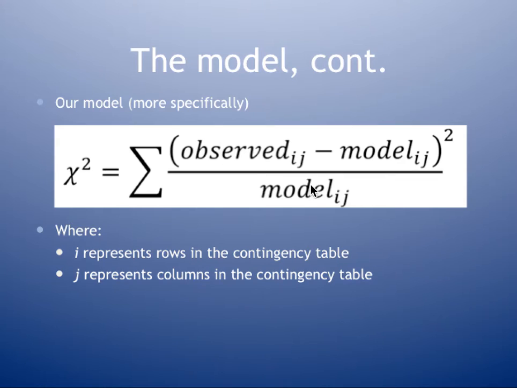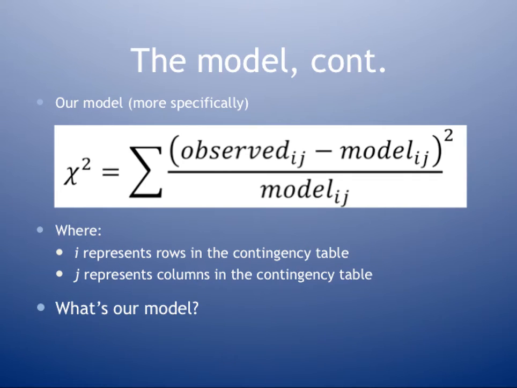So again, when you have subscripts, that means for that subscript. So observed for i, where i is each row, and j, where it's each column. So what we're going to be looking at is basically each cell in your contingency table. So we're going to be analyzing to see whether each cell is deviating to a certain degree.